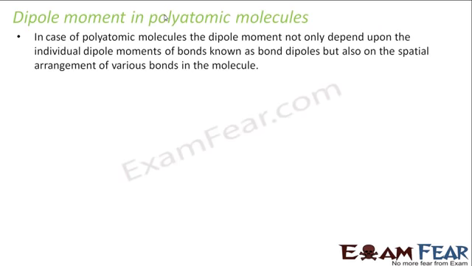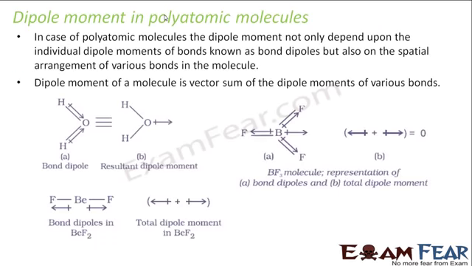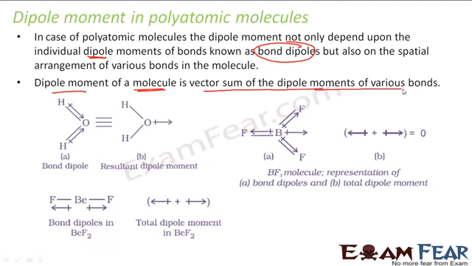The dipole moment of a molecule does not depend only on the individual dipole moments. These are called bond dipoles, but the dipole moment is a vector, so the dipole moment of a molecule is the vector sum of all the dipole moments in the various bonds.